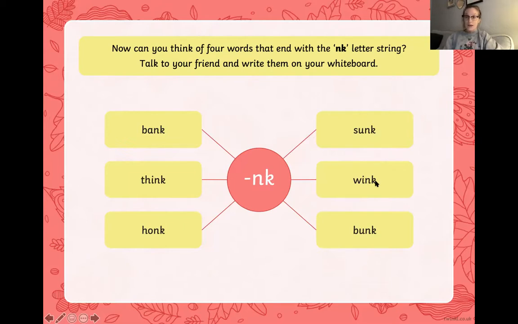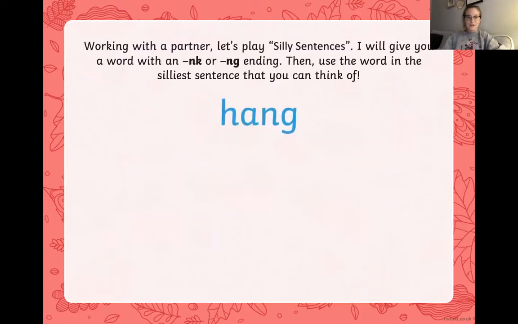Wink. And the last word, bunk. Your turn. Fantastic. Great sounding out.